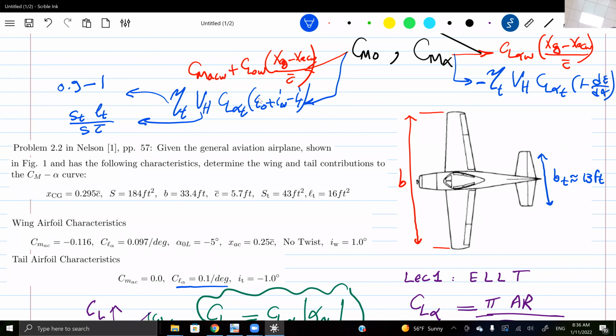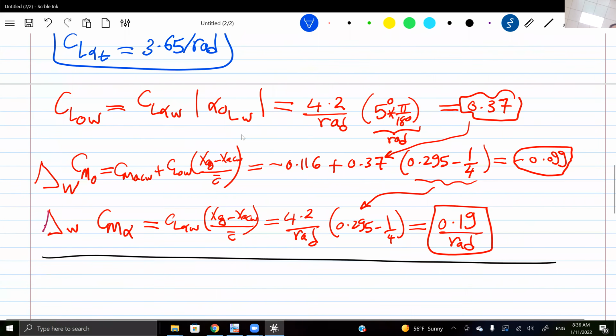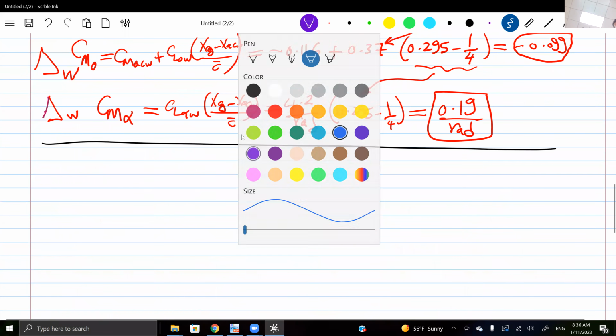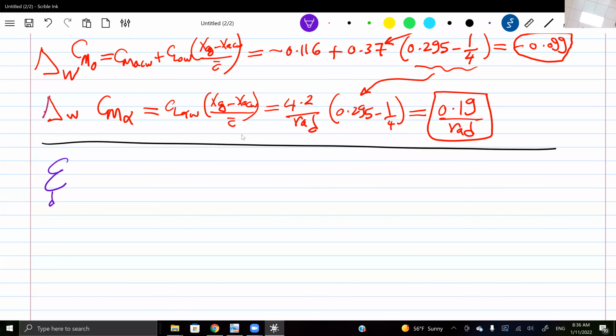Anybody remembers what is epsilon? What is that? It's the downwash angle. Exactly, very good. Epsilon in general is the downwash angle. And why do we have a downwash at the tail?